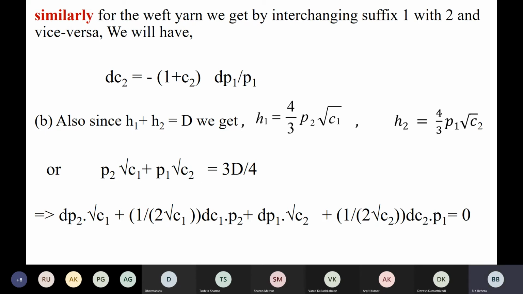Substitute the values of these dC1, dC2. We are doing nothing, just substituting the values. You will get this equation.